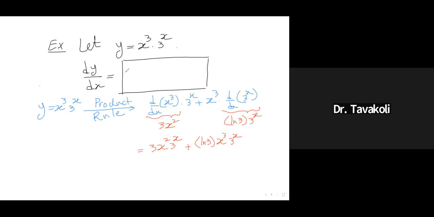So the answer is 3x squared times 3 to the power of x plus ln of 3 x cubed 3 to the power of x.